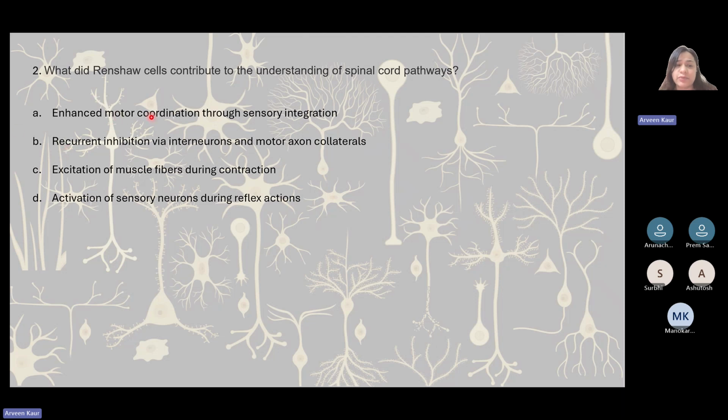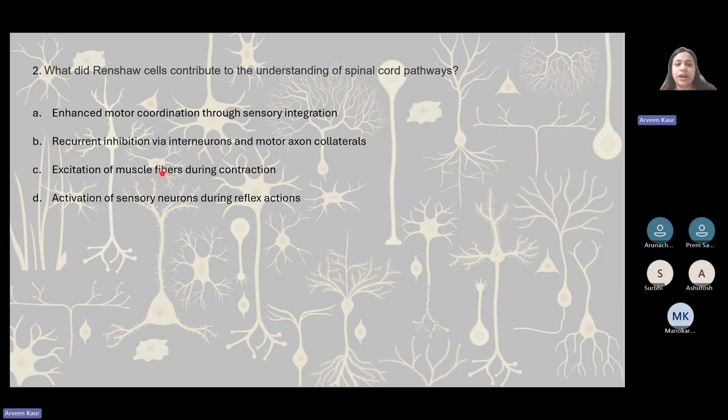Was it that they enhanced motor coordination through sensory integration, or recurrent inhibition via interneurons and motor axon collaterals, or excitation of muscle fibers during contraction, or activation of sensory neurons during reflex actions? So, which one of these is actually the correct answer? What did these Renshaw cells help us understand in the spinal cord pathway?